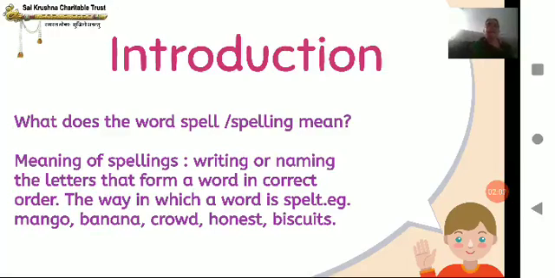If I write M-G-O-N-A and say it is mango, it does not match with what I have written at all. So what I say, what I read and what I write have to be synchronized, have to have a correct formation, and that's what spelling is all about.